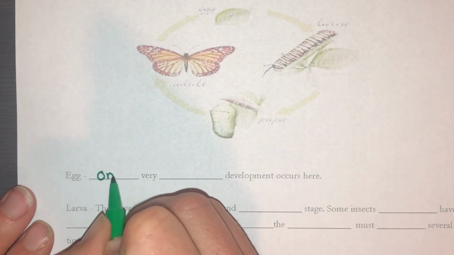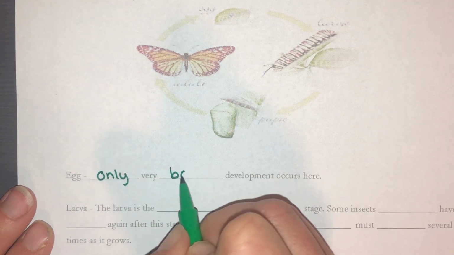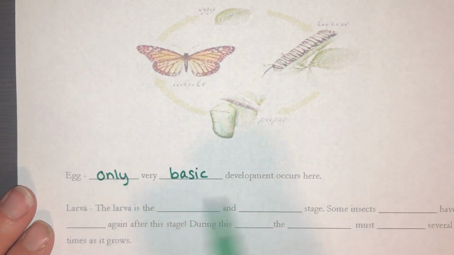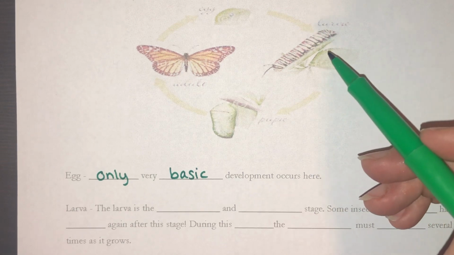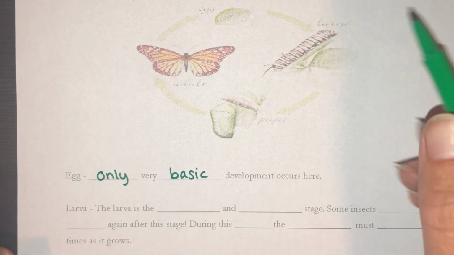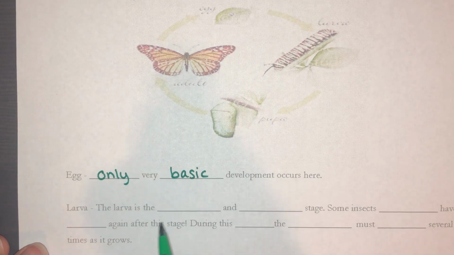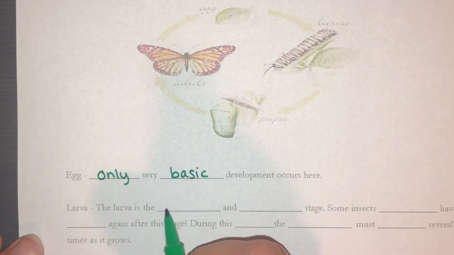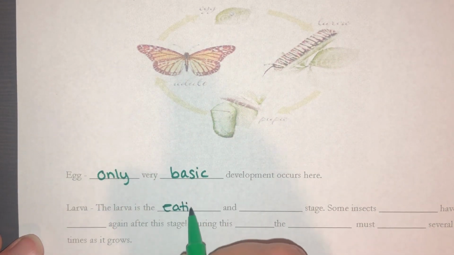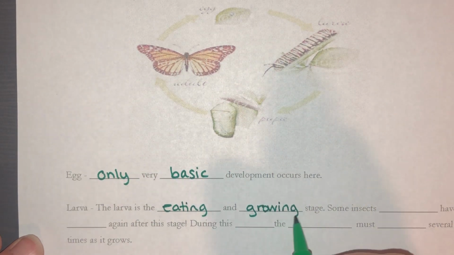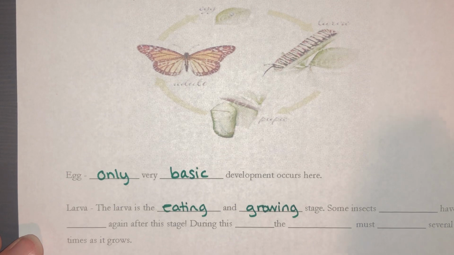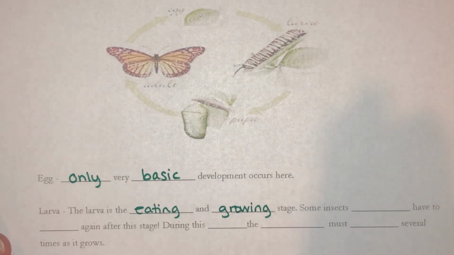So the egg, only very basic development happens in the egg. We get a pretty undeveloped creature hatching out of the egg called a larva. The larva in this case is the eating and growing stage. So this is the teenager of the butterfly world.